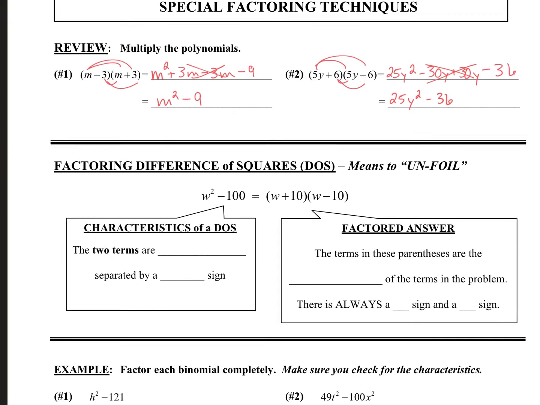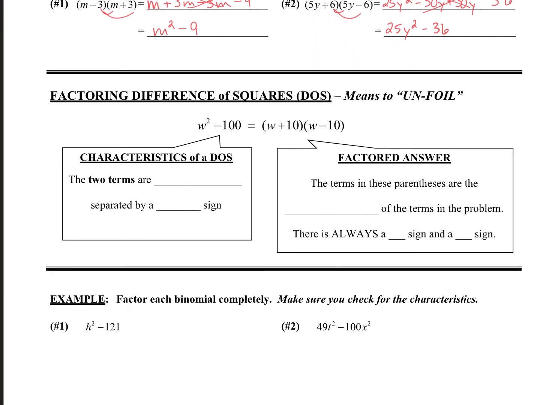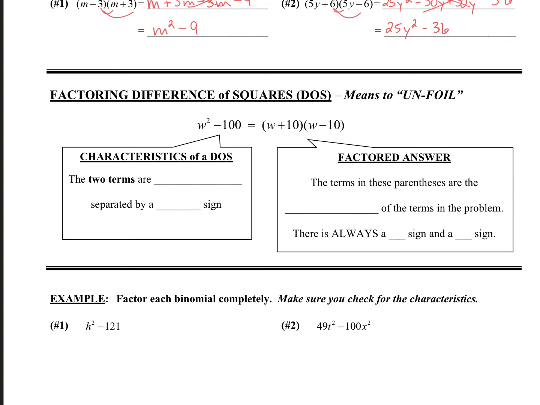Let's take a look at this a little more in depth and unpack what's really going on here. Factoring difference of squares. All factoring really means is unFOILing, when we're factoring trinomials and difference of squares. The characteristic of difference of squares is that the two terms are perfect squares.